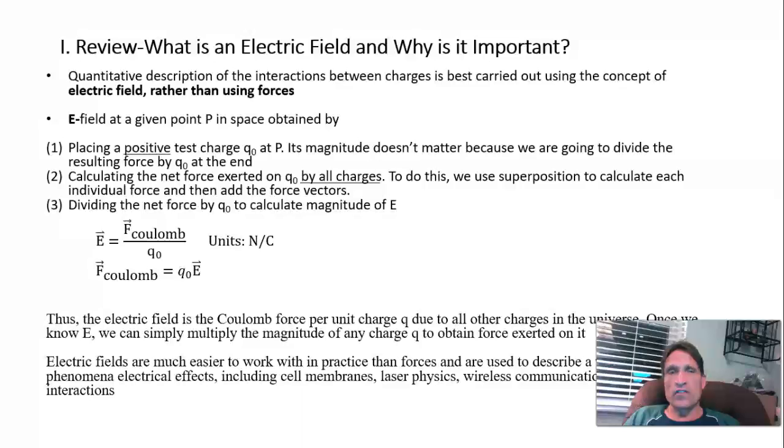One of the reasons is that electric fields can be measured. When you get into phenomena including cell membranes, laser physics, wireless communication, and several other areas, this concept of the electric field is very important.